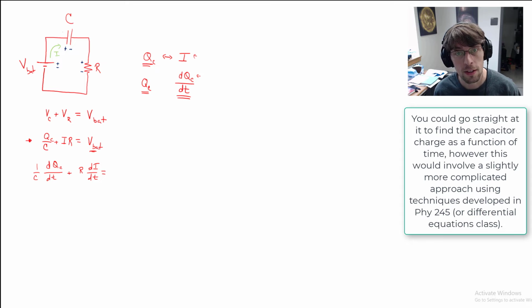Look at this. The battery is a constant. And when I take a time derivative of a constant, I get 0. Go. Solve this equation for the current running through the loop.